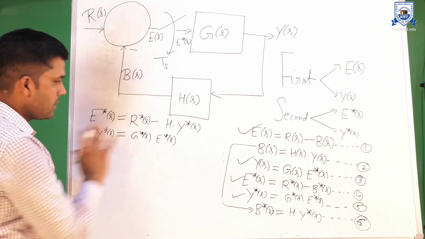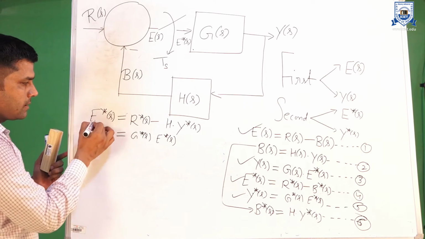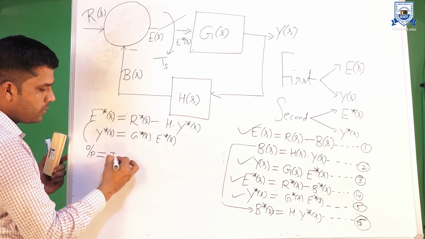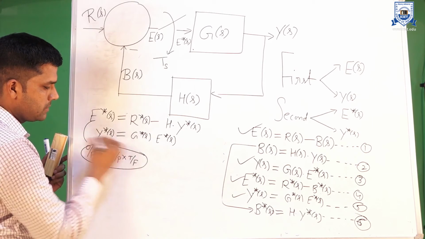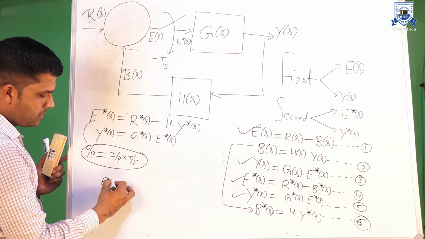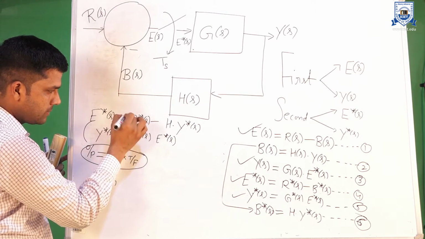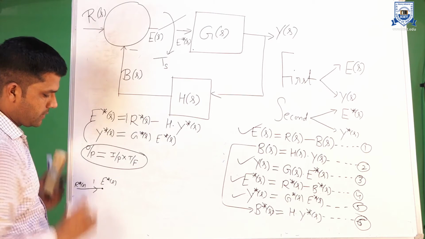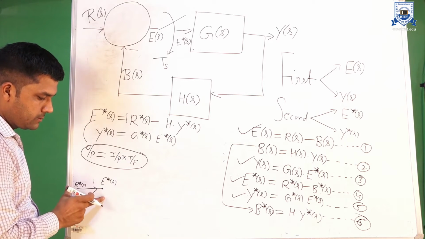Now we are ready for the signal flow graph. Output is equal to input into transfer function. If E star is the output, then the input is R star(s), and the other input comes with transfer function minus H from the node Y star(s). Then Y star is equal to G star(s) into E star(s), that is, output is equal to input into transfer function.